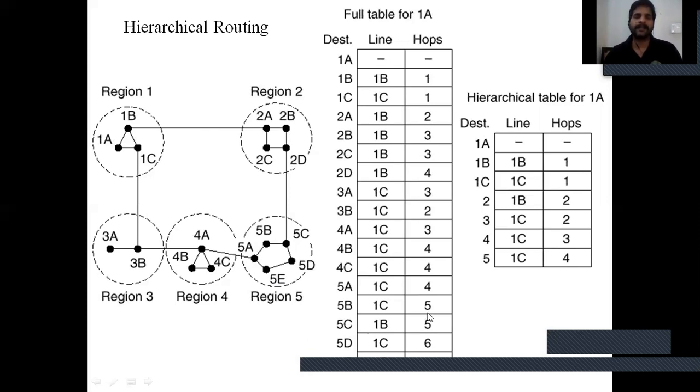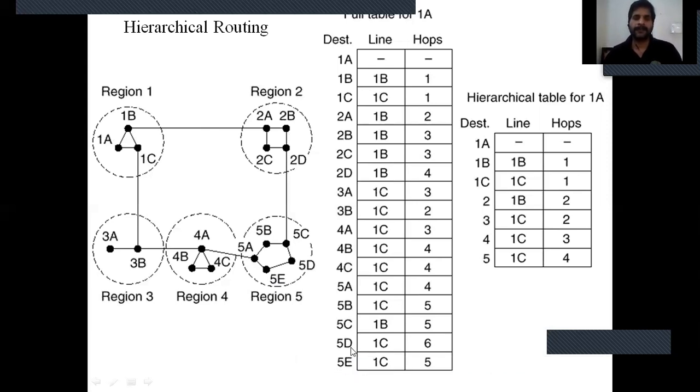So the nearest line is 1B for 5C, with hop equal to 5. Similarly, if we travel to destination 5D, we follow line 1C and the path is equal to 6.